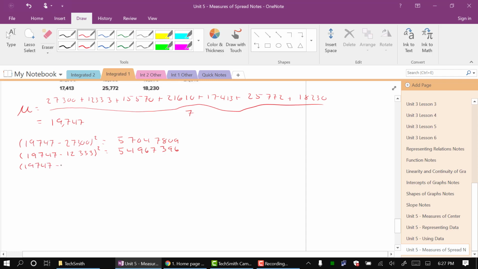Next one is going to be 19,747 minus 15,570 squared. That gives me 17,447,329. Then we have 19,747 minus 21,610 squared.